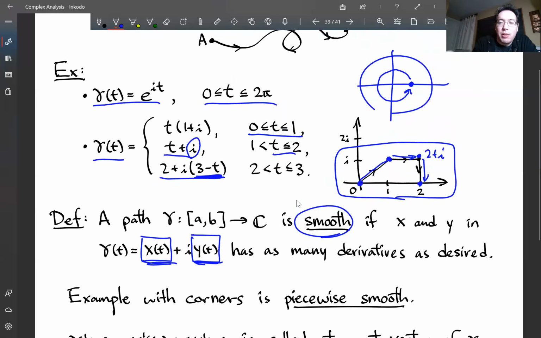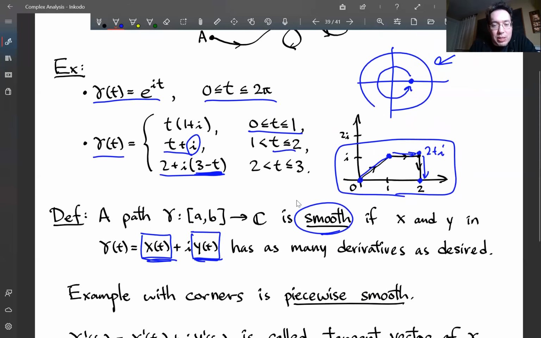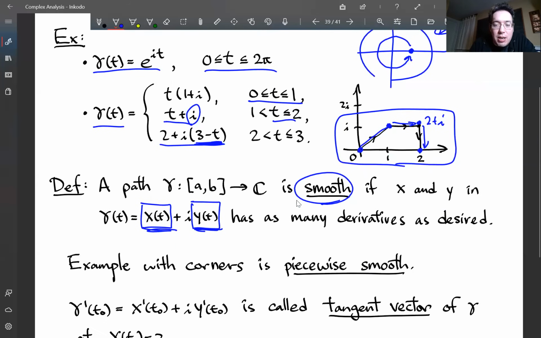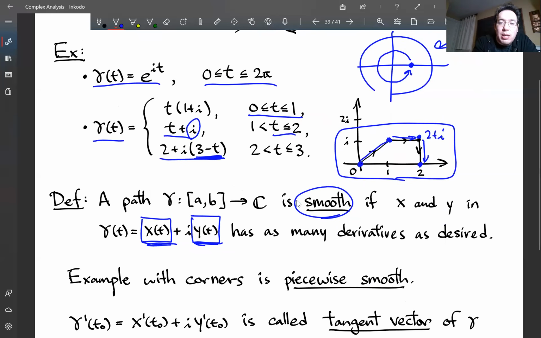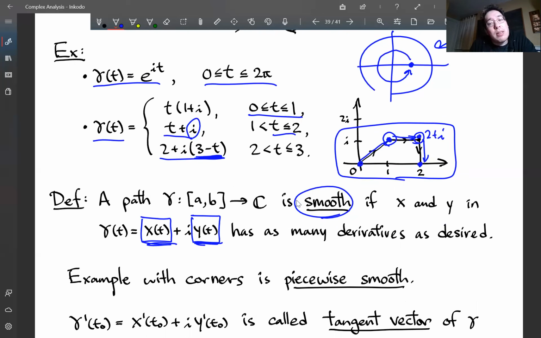So the first path satisfies the smoothness condition all the way through because it traces a circle, which is a differentiable thing. In fact, it's cosine and sine functions, so we know what the derivative is exactly. This function right here is not differentiable when the formula switches over, when t is equal to 1 and 2. But it is still differentiable anywhere else, right?